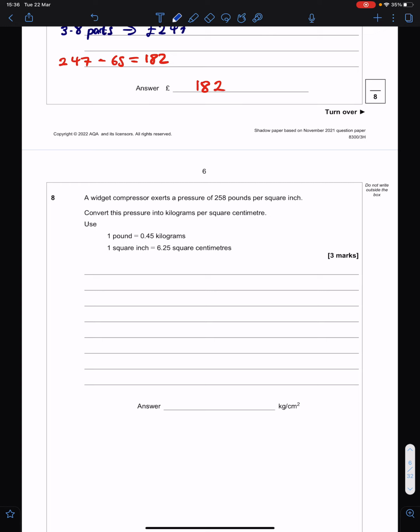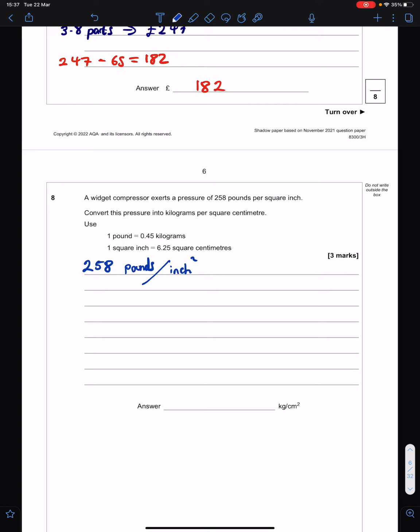Okay, that's fine. So we've got 258, and that's pounds per square inch. So I'm going to put inch squared. That's the units, right? And they want us to convert this pressure into kilograms per square centimeters.